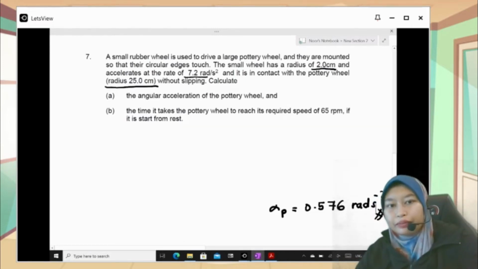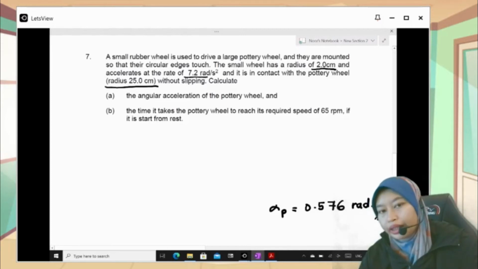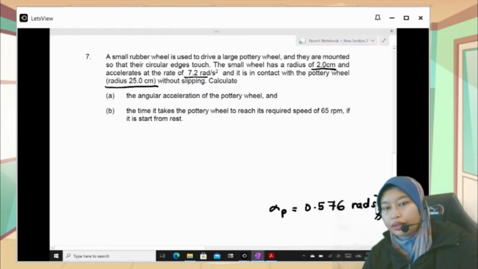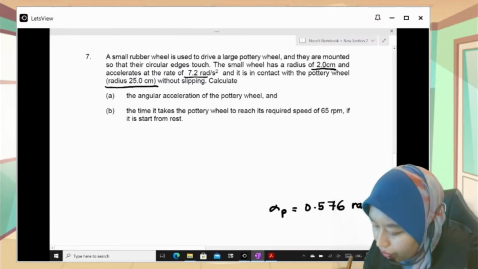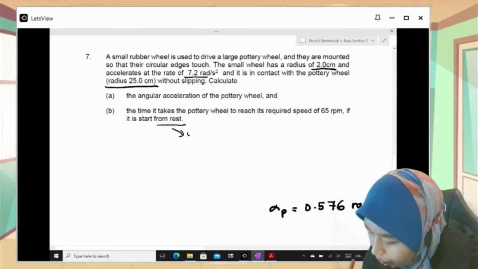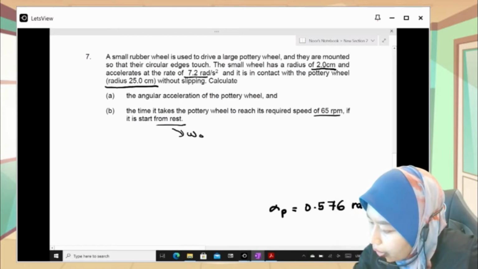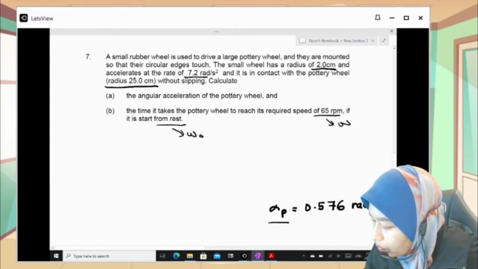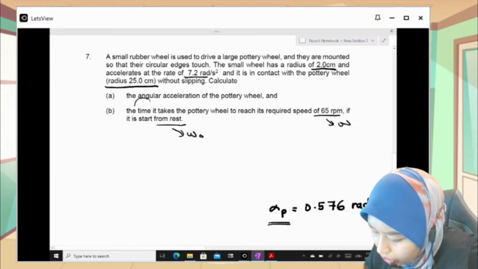So let's see 7B. 7B asks for the time it takes the pottery wheel to reach its required speed, 65 RPM, if it starts from rest. It starts from rest, therefore this is omega naught, and the final is 65 RPM, this is omega. We've got the alpha just now, and the question asks for the time.